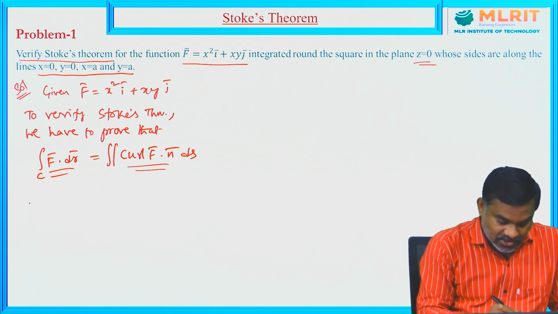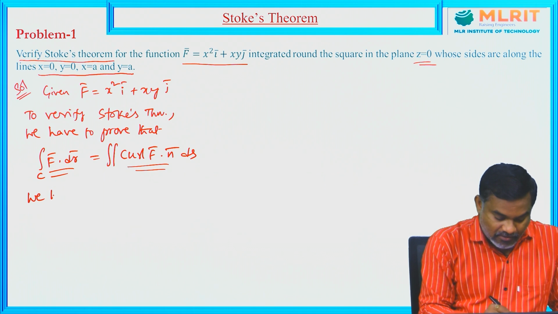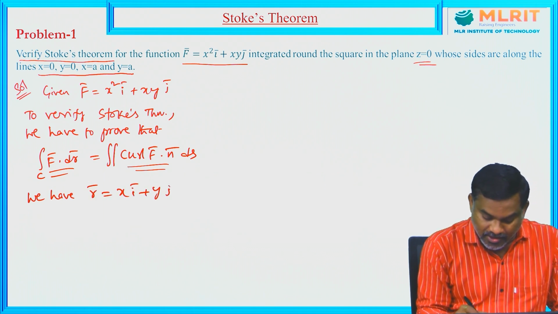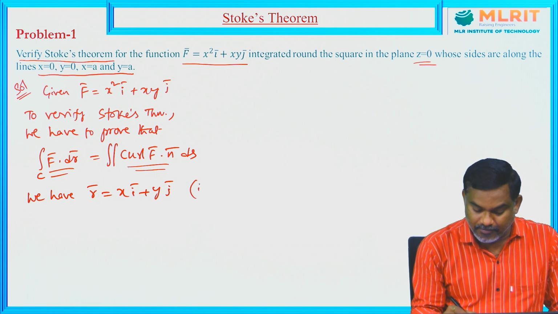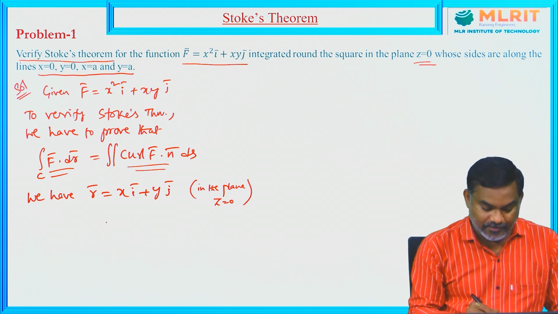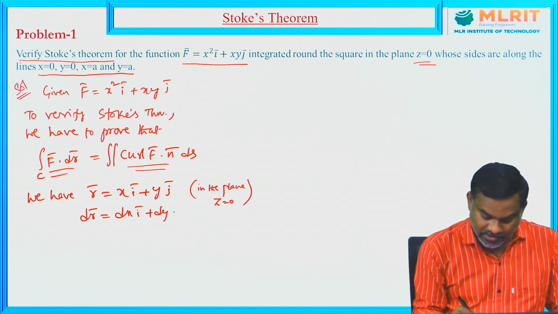So let us consider the LHS. That means let us find f bar dot dr bar. So we have r bar is x i bar plus y j bar, because in the plane z equal to 0, that means the xy plane. So dr bar is dx i bar plus dy j bar.